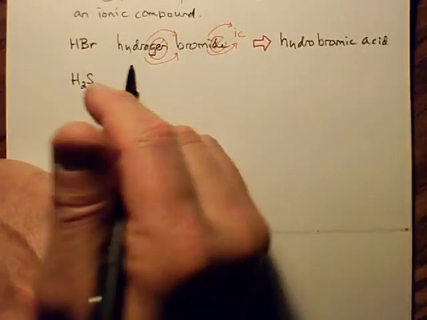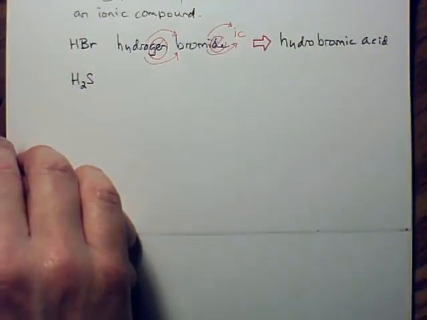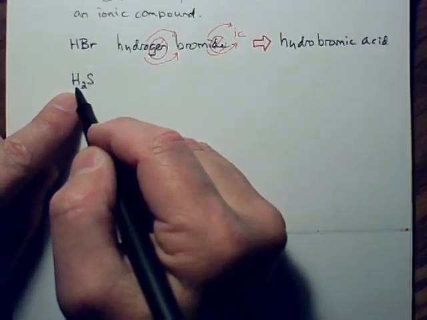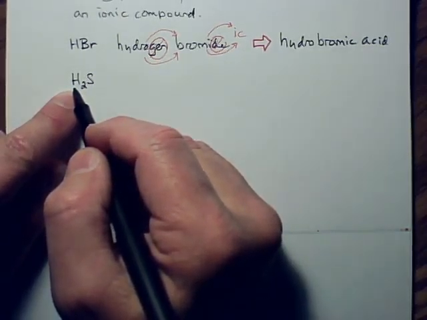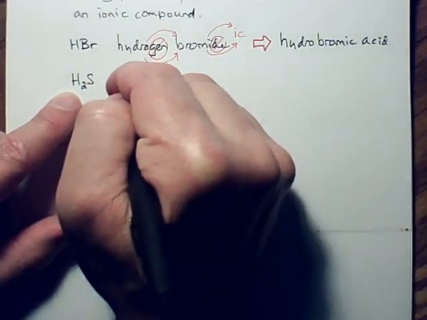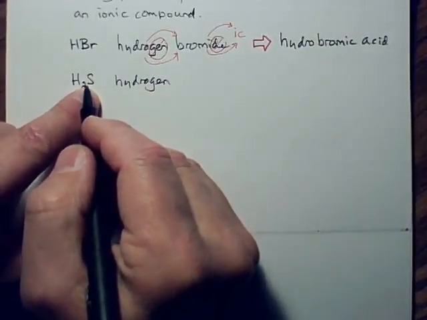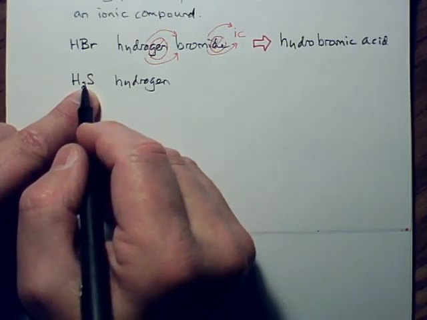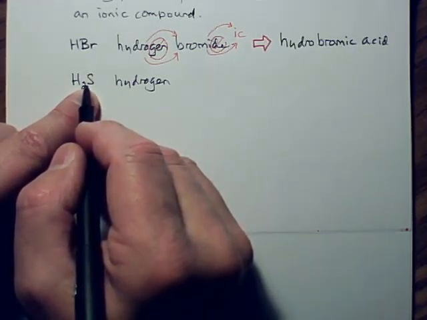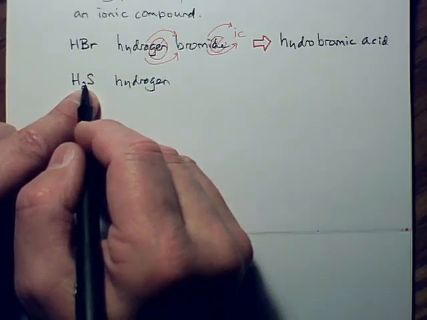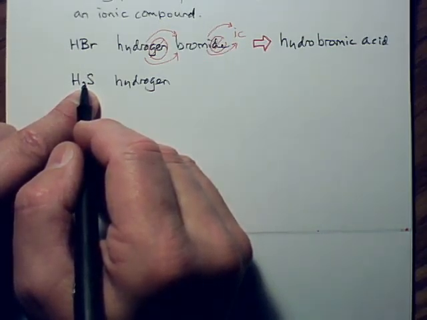Okay, if we're naming this like an ionic compound, the hydrogen only has one positive oxidation number, so it's simply called hydrogen. The sulfur, since it's a monoatomic anion, a single atom that has a negative charge, all we do is change its ending to IDE. So instead of sulfur, it becomes sulfide.